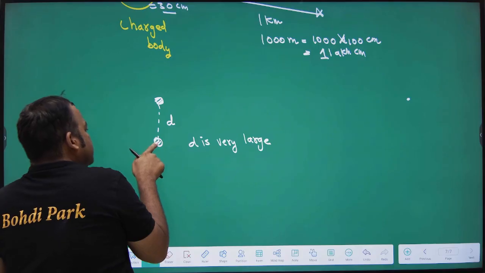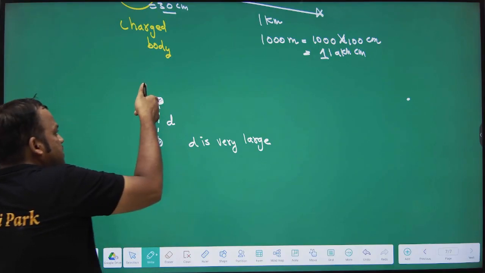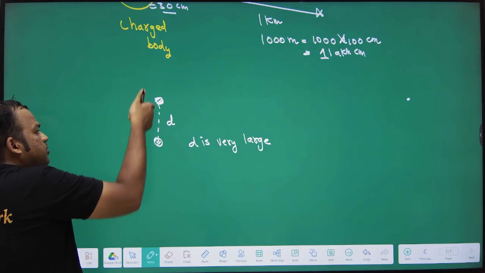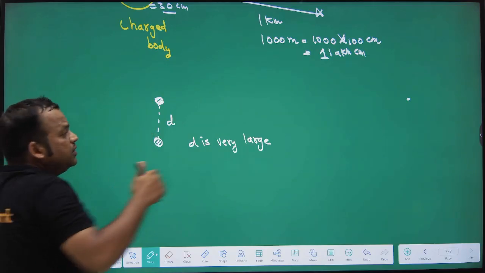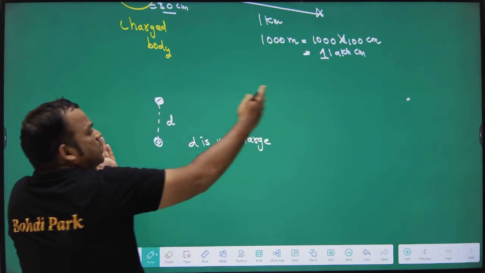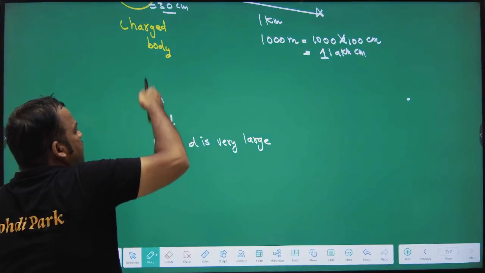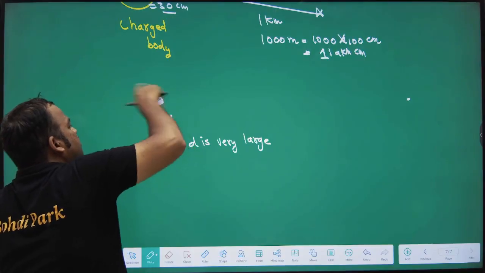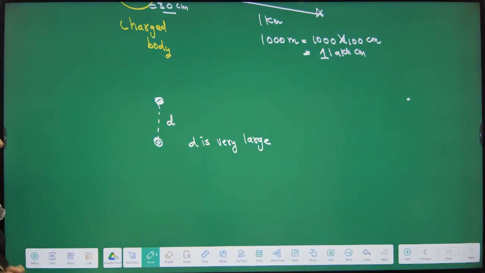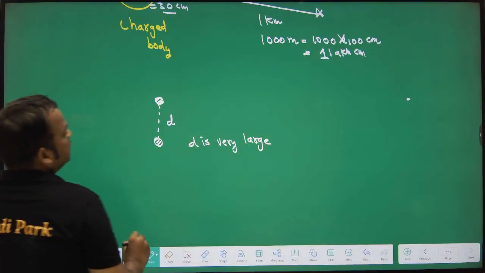So for this charge, this is a point charge because the distance is very large, and for this charged body, this charge can be called a point charge because the distance is very large. And this point is located at a very large distance from both of these, so we can consider this system of charges as a point charge for this particle. So this is about point charge.